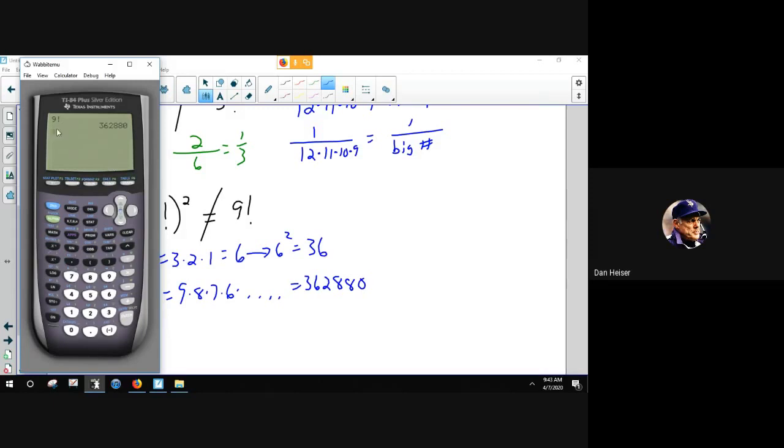And 9 factorial, 9's a fairly small number. Factorial is pretty big. Something like 15 factorial, we're already up to where our calculator says, I can't handle that without using scientific notation.